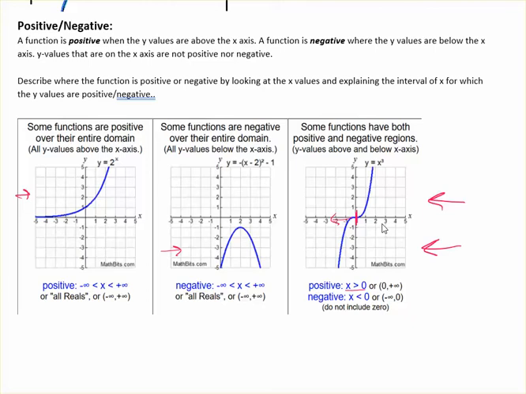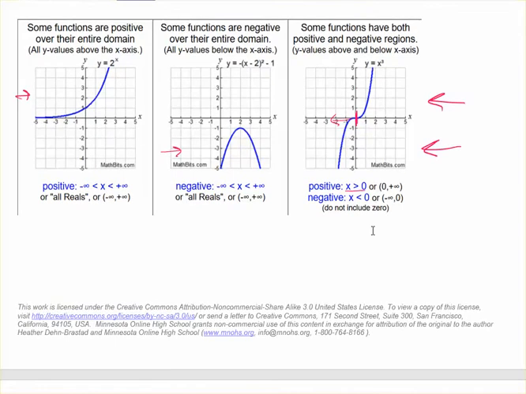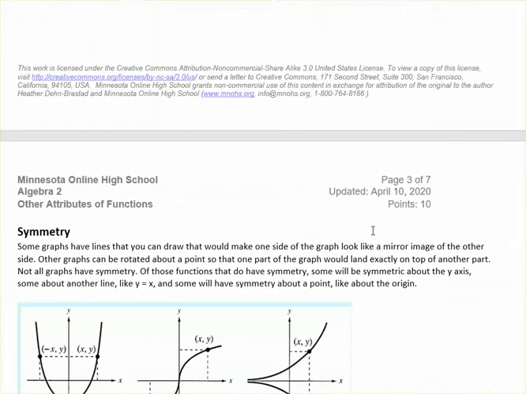Make sure that you're describing the x values and explaining the intervals of x when you say it's positive or negative. Don't answer that it's positive above the x-axis and negative below the x-axis. We know that. We want to know for this function what values of x will give you the graph above the x-axis for positive, and what values of x will give you the graph below the x-axis for negative.